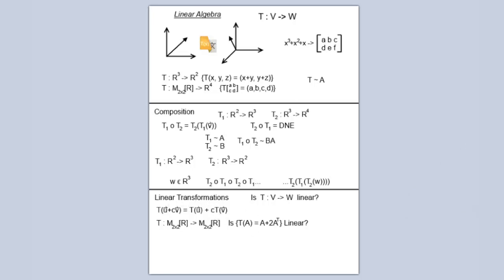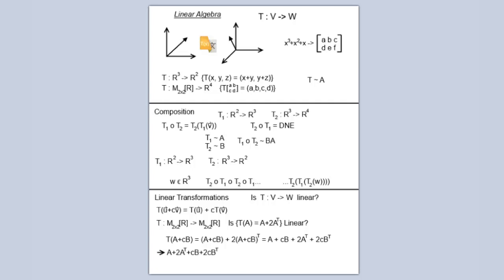So T of (A plus CB) then is equal to (A plus CB) plus 2 times (A plus CB) transpose. Transpositions distribute, which I should have said in the operations video, but it didn't really have an application until now. So then this is equal to A plus CB plus 2A transpose plus 2CB transpose.